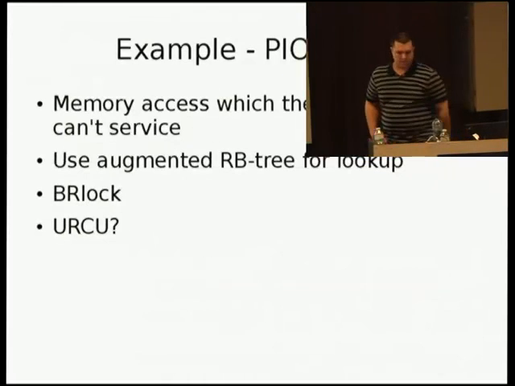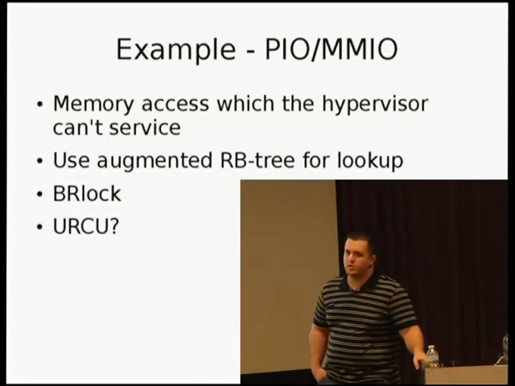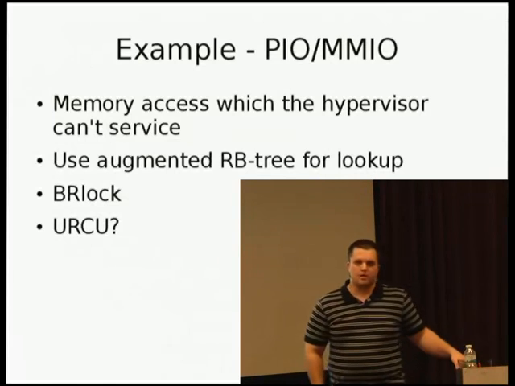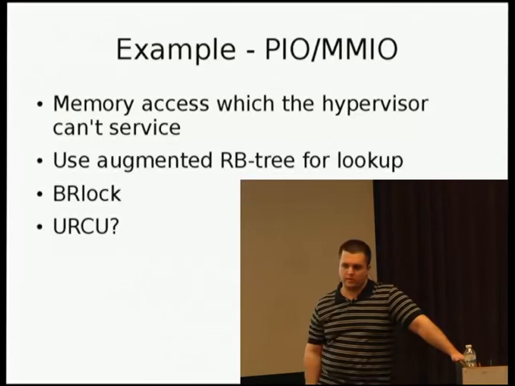So this is an example of the concepts we talked about before. I'll give a bit of background about port I/O and memory mapped I/O. Basically, port I/O and memory mapped I/O are operations which the hypervisor cannot serve inside the guest. The guest memory is divided into different chunks. One of them is the regular RAM we all know about.